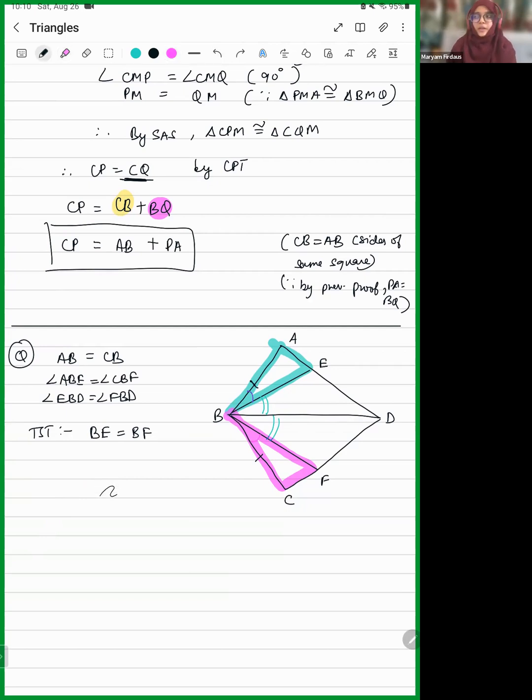Sides opposite to equal angles are equal. That is a short form of what we say in the same triangle. If you have one triangle and in that you have two angles which are equal to each other, then the opposite sides will be equal. Not two different triangles, not like that.